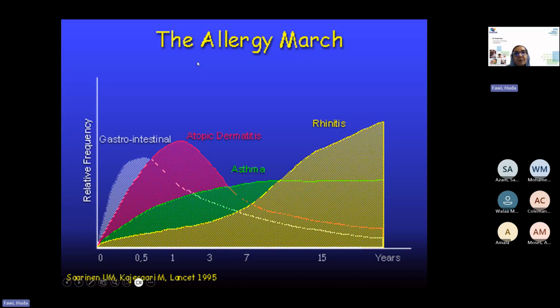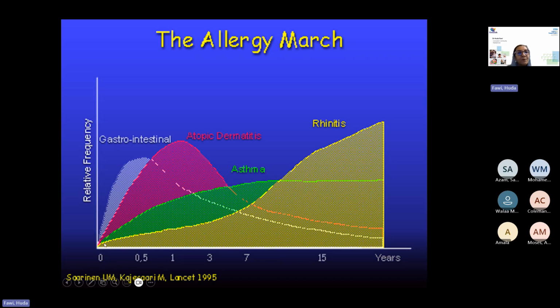Another concept that I want to highlight to you is the allergic march or the atopic march. And this is about the presentation of allergic disease according to the age. So we know that babies present with GIT symptoms, so food allergies early on.